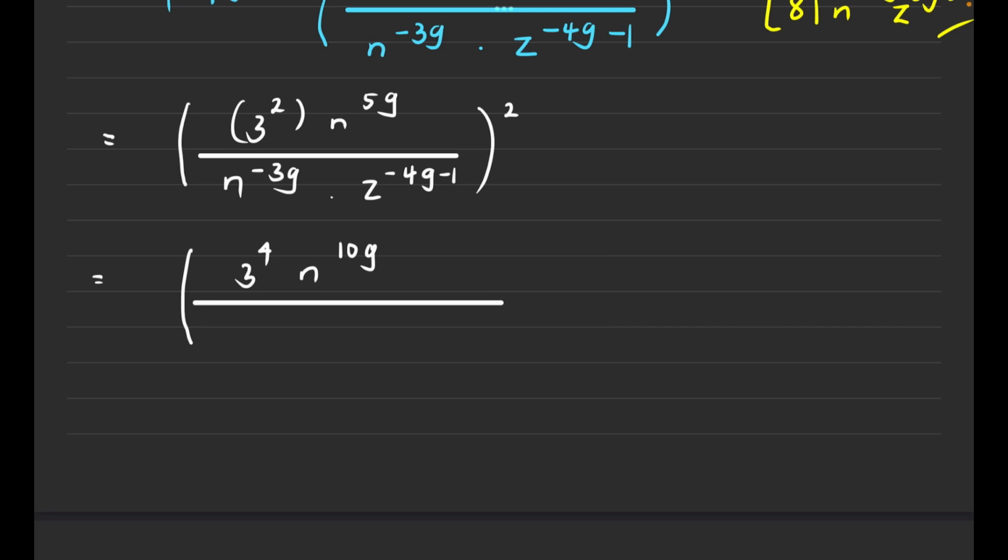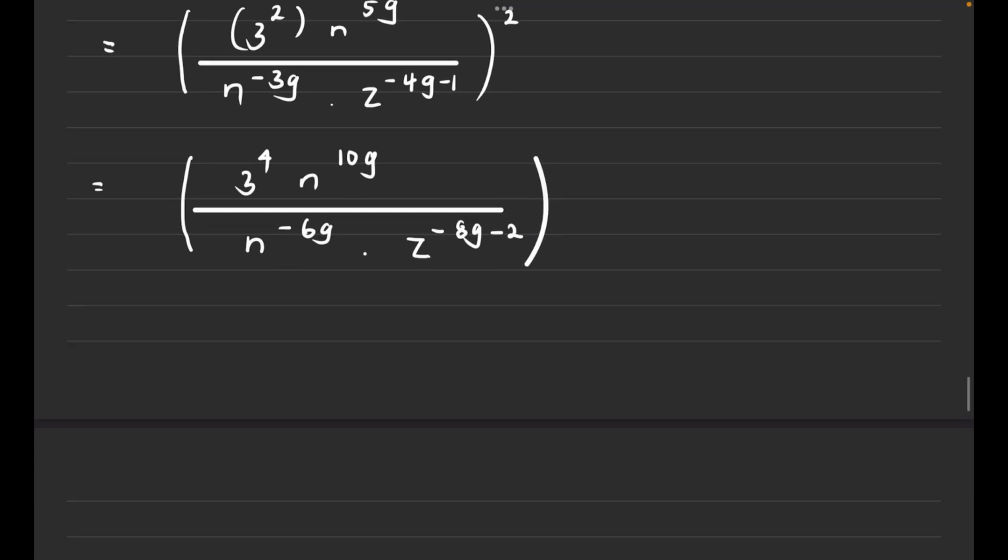Minus 3g times 2 is going to be minus 6g. Then multiplied by z to the power minus 4g minus 1. And then I'm going to multiply that by 2. That is going to be minus 8g minus 2. Can you guys see that?